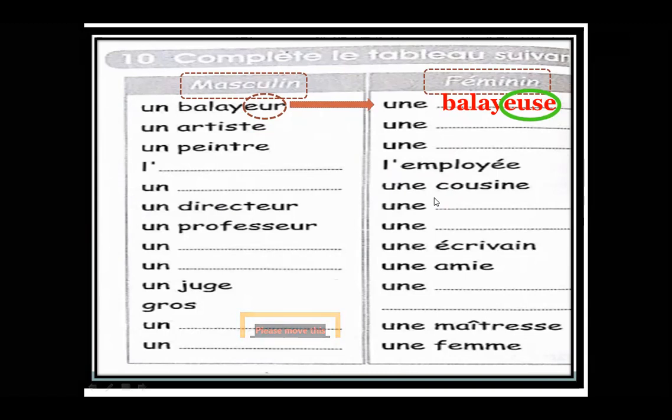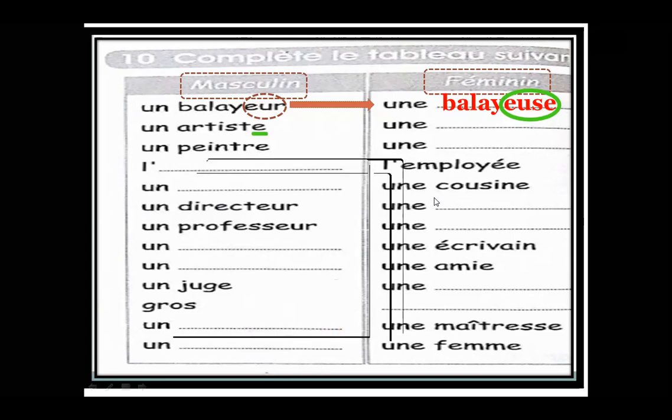We will keep the same word. Excellent. Not change anything. It remains the same in its form, masculine as feminine. An artiste, it will stay the same here, in artiste. Nothing will change.